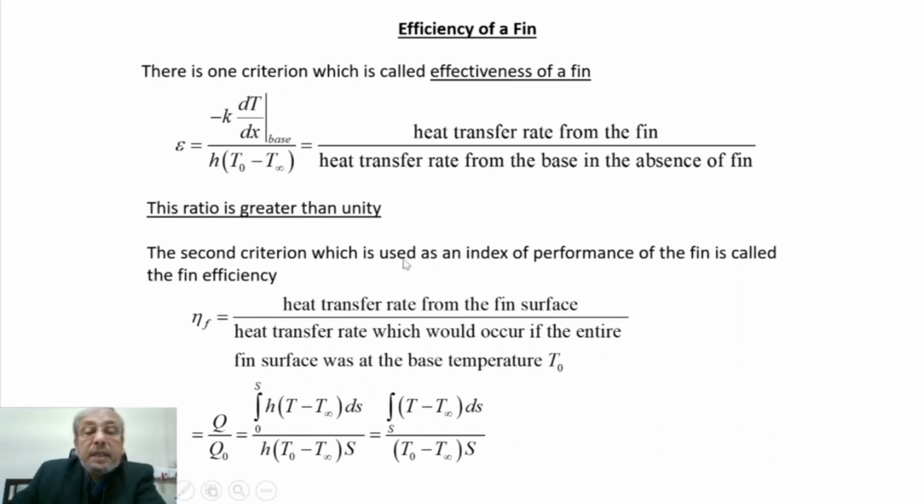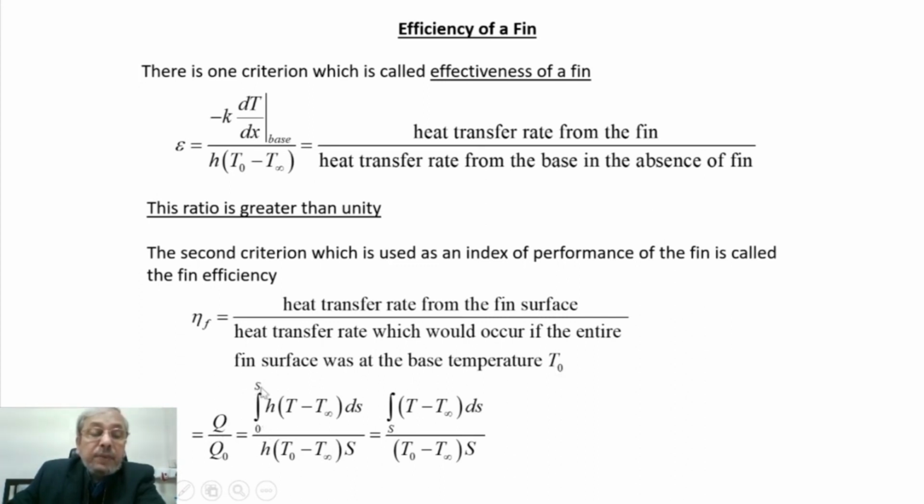The second criterion, which is used as an index of performance of the fin, is called fin efficiency. Fin efficiency is the heat transfer rate from the fin surface divided by the heat transfer rate which would occur if the entire fin surface were at the base temperature T naught. So exactly what is the heat transfer rate?